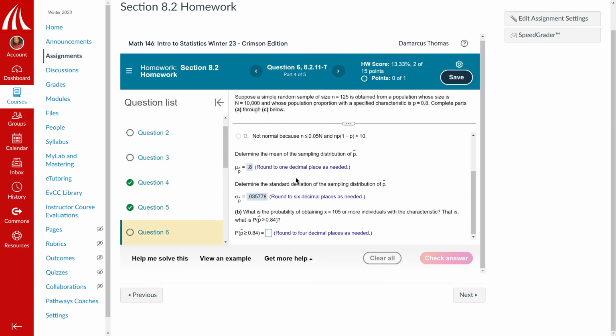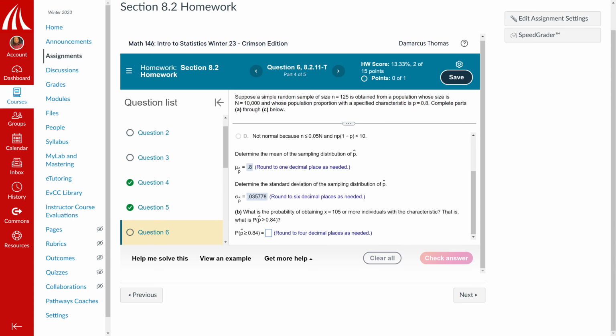Now, here's one where they want you to calculate the probability of obtaining x equals 105 or more individuals with the characteristic. And that is, what is the probability of p hat greater than or equal to 0.84?